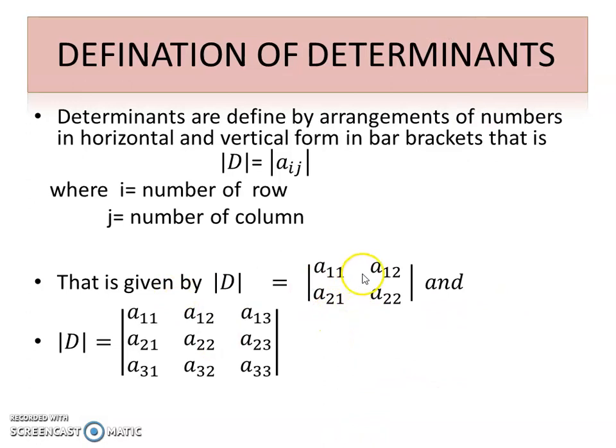Throughout the chapter, we have to take any elements, that is A11, A12, A21, A22, or A11, A12, A13, A21, A22, A23, A31, A32, A33, with the position of the element, and all these numbers belong to the real number set.